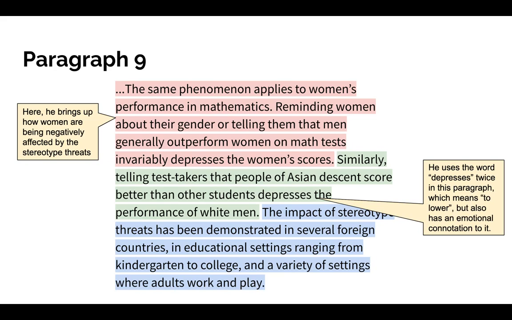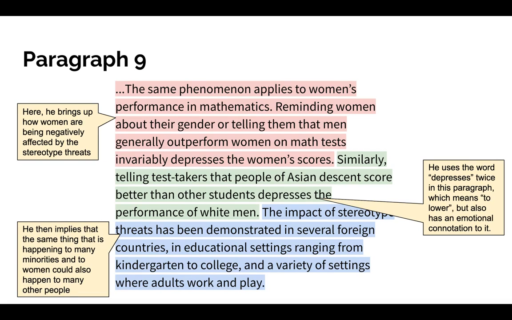We know that the author is talking about lowering their score, but we also get the sense that there's an emotional reaction happening to these people as well. And lastly, he implies that what is happening to women and minorities as a result of stereotype threats could also be happening to several other people and even to ourselves.